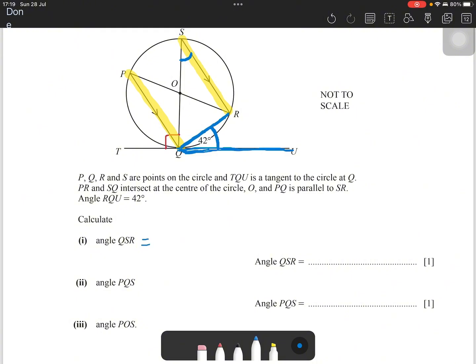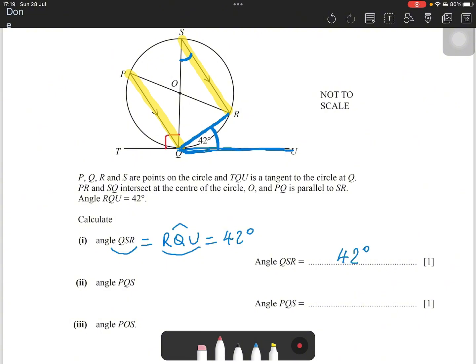So QSR is equal to angle RQU, which equals 42 degrees, because this one is the angle subtended by the chord QR, and this one is the angle formed by the tangent and the chord QR. So the first answer is 42 degrees.